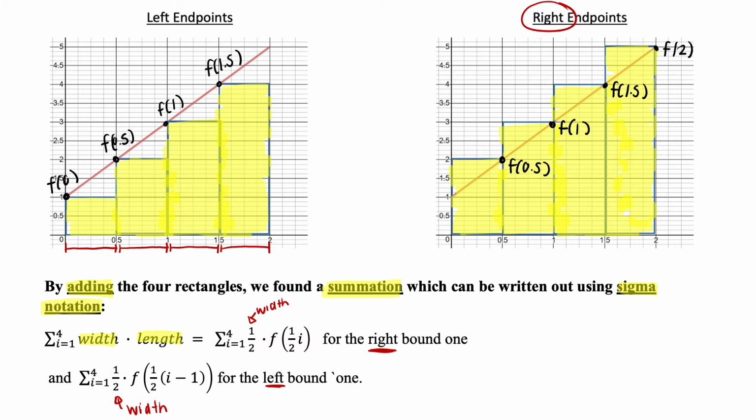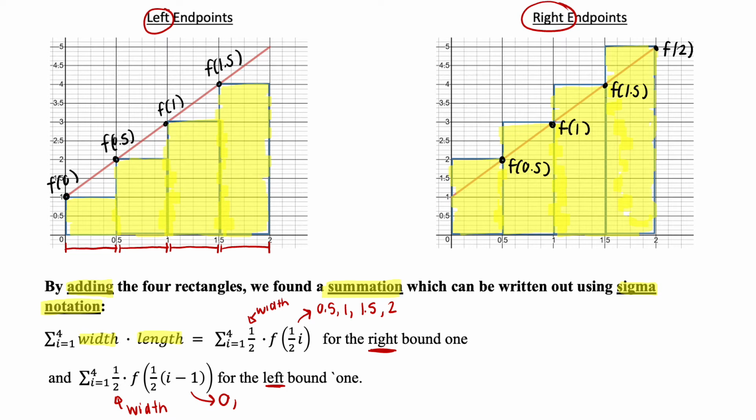So if we have 4 rectangles, 1 through 4, we're starting at 1, then our endpoints happen at f of 1/2 of 1, which is 0.5, 1/2 of 2, which is 1, 1/2 of 3, which is 1.5, and 1/2 of 4, which is 2. And then on the left, it's 1/2 of i minus 1. So if we start at 1, 1 minus 1 gives us 0, and 1/2 of 0 is just 0.